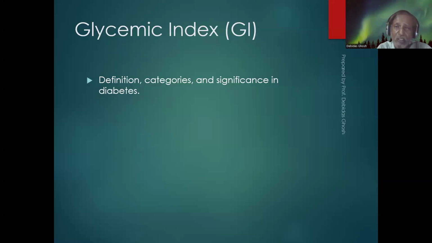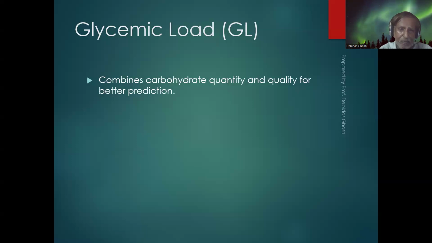Now, glycemic load is another sensor in this concern. The glycemic load mainly indicates how much a typical serving of food raises blood glucose. Glycemic load is the glycemic index multiplied by grams of available carbohydrate per serving, divided by 100.